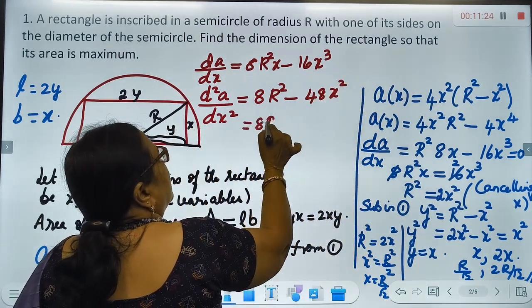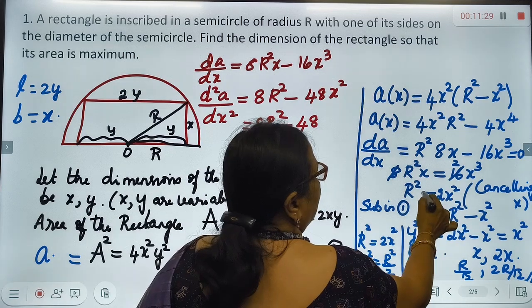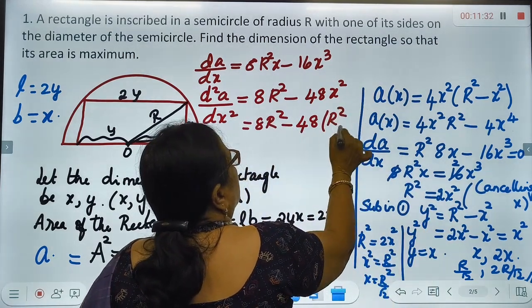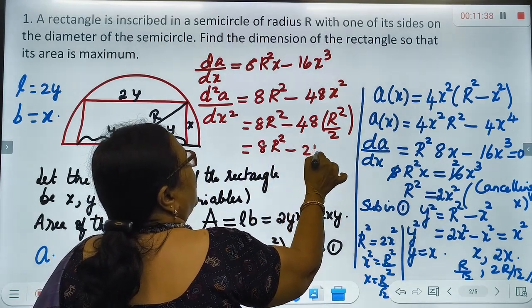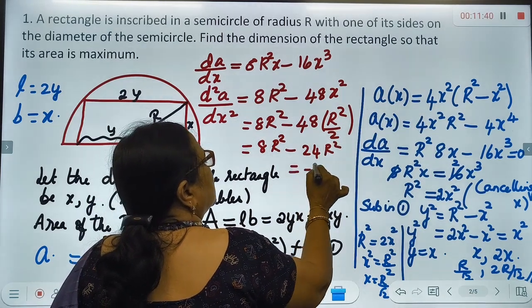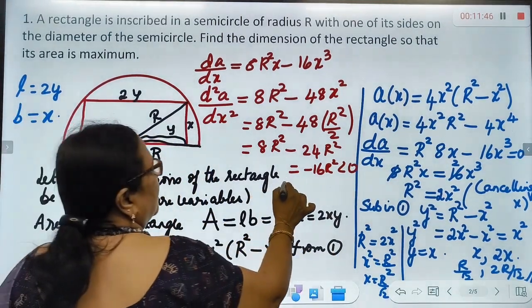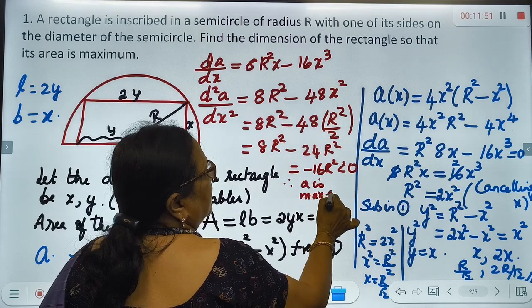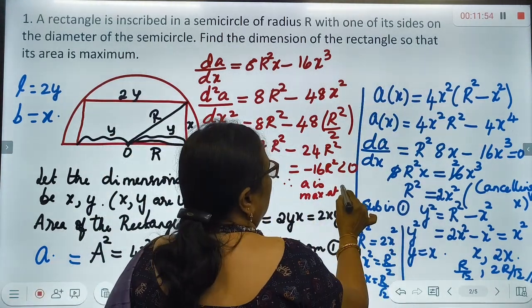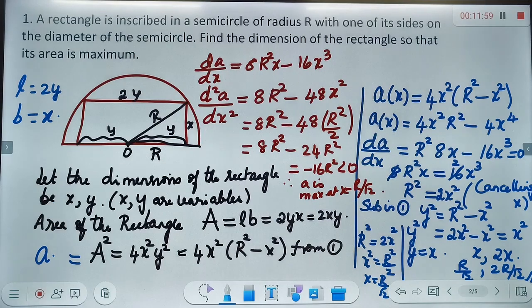This is 8r square minus 48 into, what is x square? X square is r square by 2. So 8r square minus 24r square, which is minus 16r square, is less than 0. Therefore, A is maximum at x equal to r by root 2. So A is maximum at x equal to r by root 2.